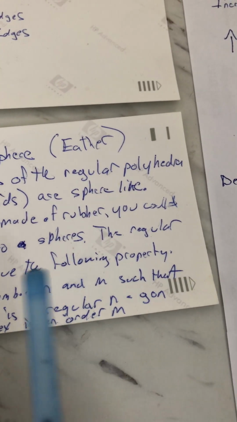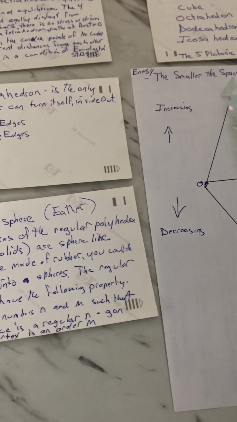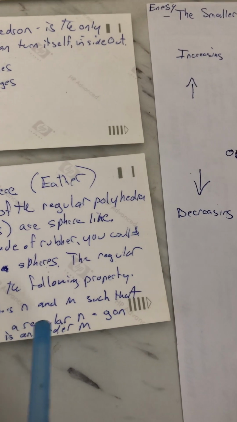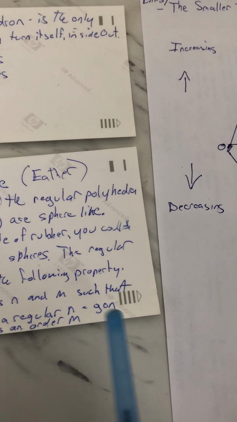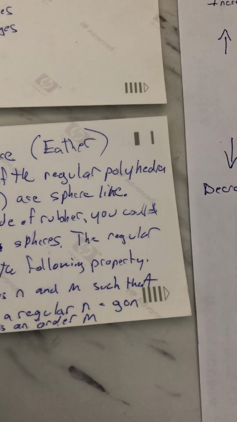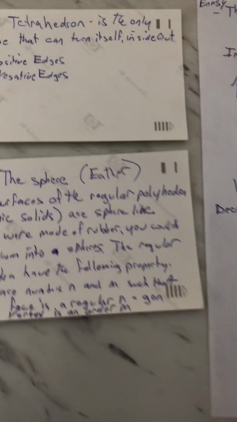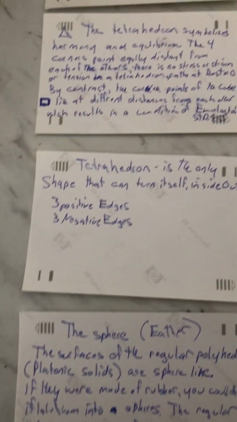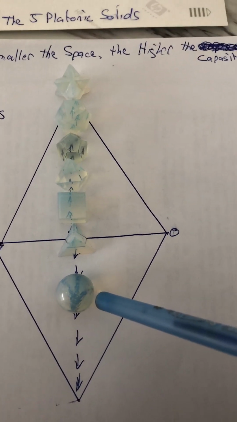So the regular polyhedra have the following property, that there are numbers n and m such that every face is a regular n-gon, and every vertex is of order m. So what they're saying is this represents the ether here.